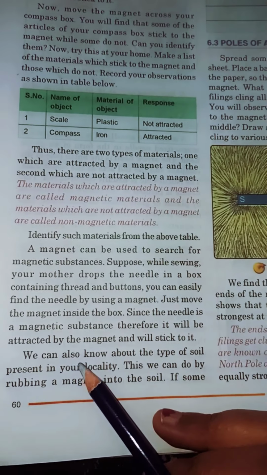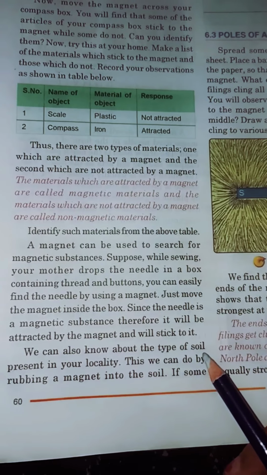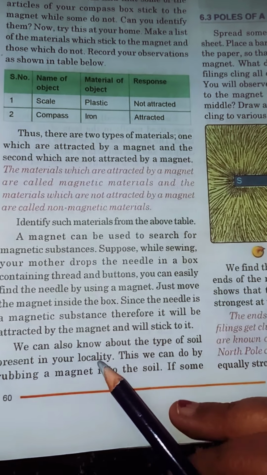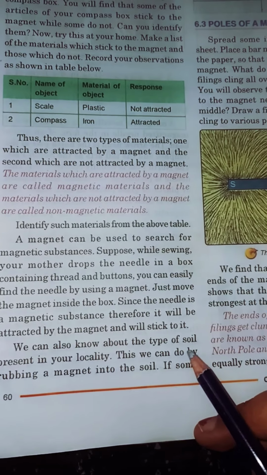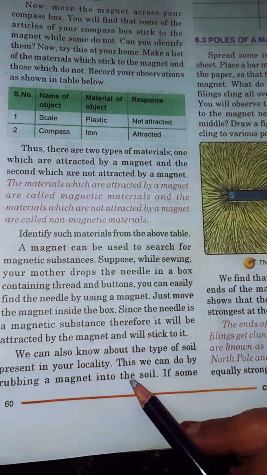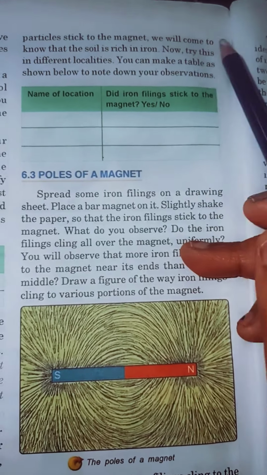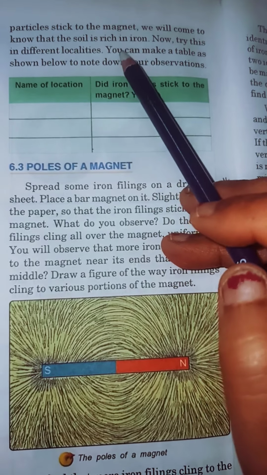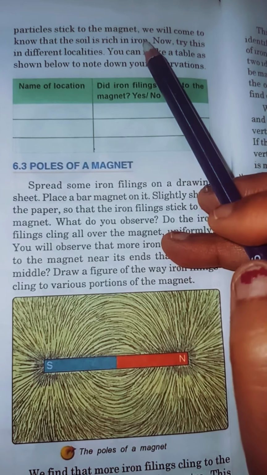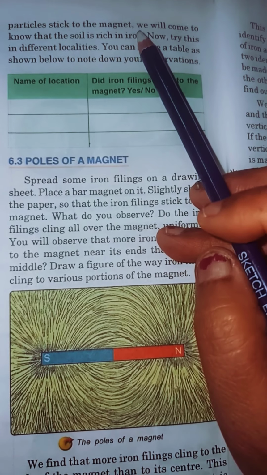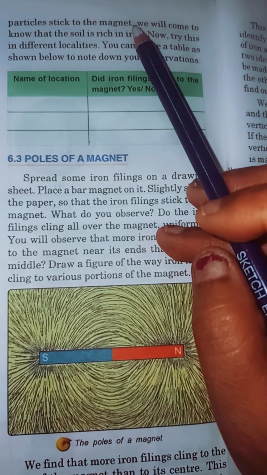We can also know about the type of soil present in our locality. This we can do by rubbing a magnet into the soil. If some particles stick to the magnet, we will come to know that the soil is rich in iron. Yes, there are types of soil which are actually rich in iron.